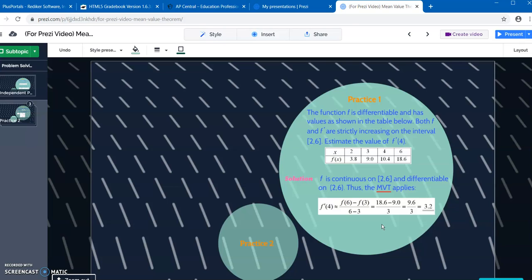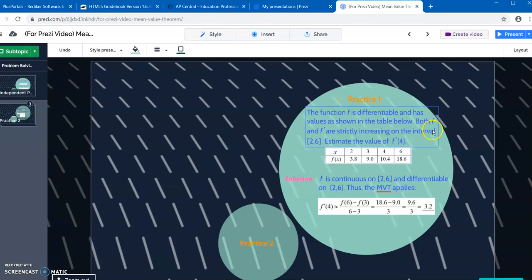At this point, we'll look at independent practice, which students will be given the opportunity to solve. If we go in here, we can solve for the value again in the open interval to 6, and we want to verify that f prime of 4 is approximately equal to the average rate of change of the function containing the number 4.